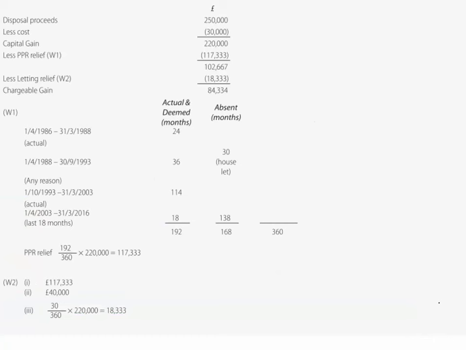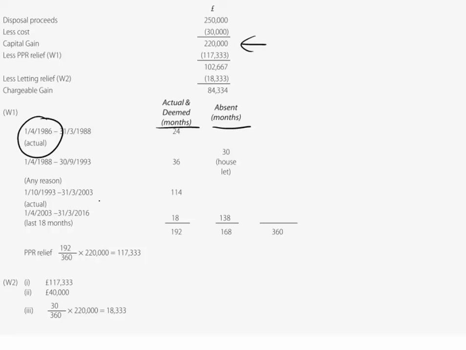Okay, let's see what hopefully we have got, or at least something like here, this particular exercise in terms of the answer. Again, do the easy bits first, calculate the gain. There shouldn't be a problem, the gain is £220,000. We then need to firstly establish the level of PPR relief, so we need to know what is actual and deemed occupation and what is non-occupation. In terms of the total period of ownership, this one a fairly easier one to work out those number of months.